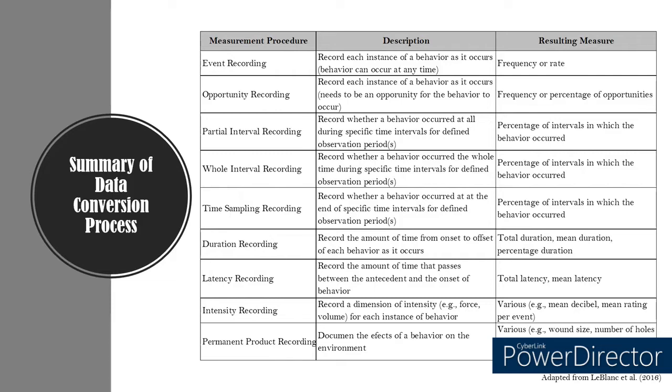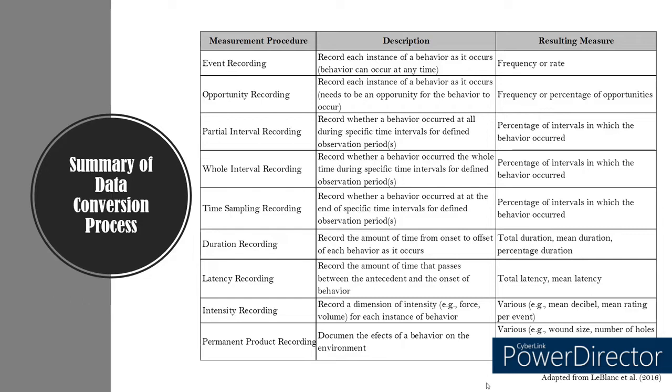But if the time is changing, that first we observe for 5 minutes and then we observe for 10 minutes and then we observe for 20 minutes or whatever, then in that case, number of biting divided by the time will give us the rate, and rate should be drawn onto the y-axis. X-axis will always be the time, whether it is minutes or days or hours or whatever.